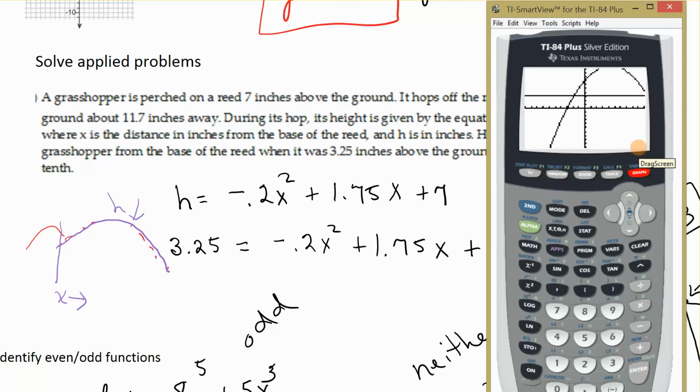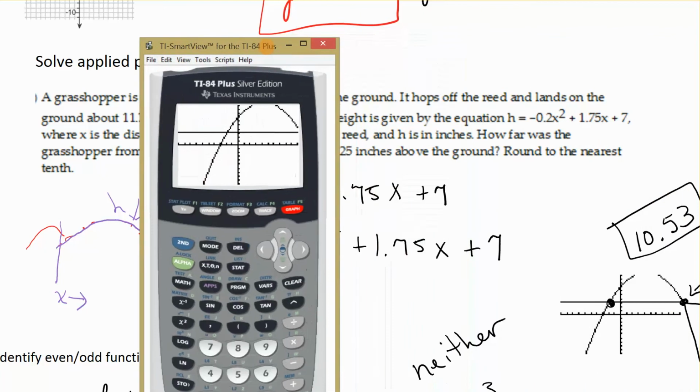Now there's two places where that hits that line. We can't see this one over here. I'm going to change the window and make my X max a little bit bigger. I'm going to make that 15. So let's see that. Okay, so we can see both.